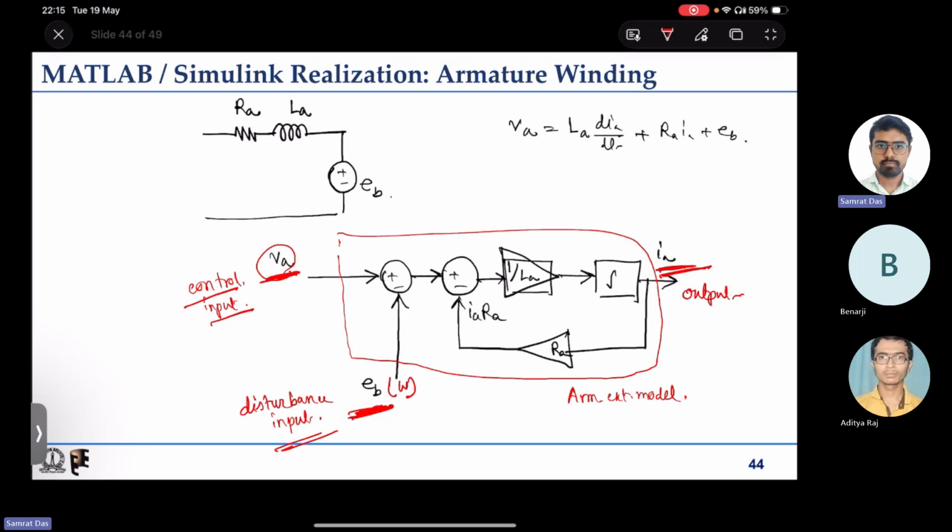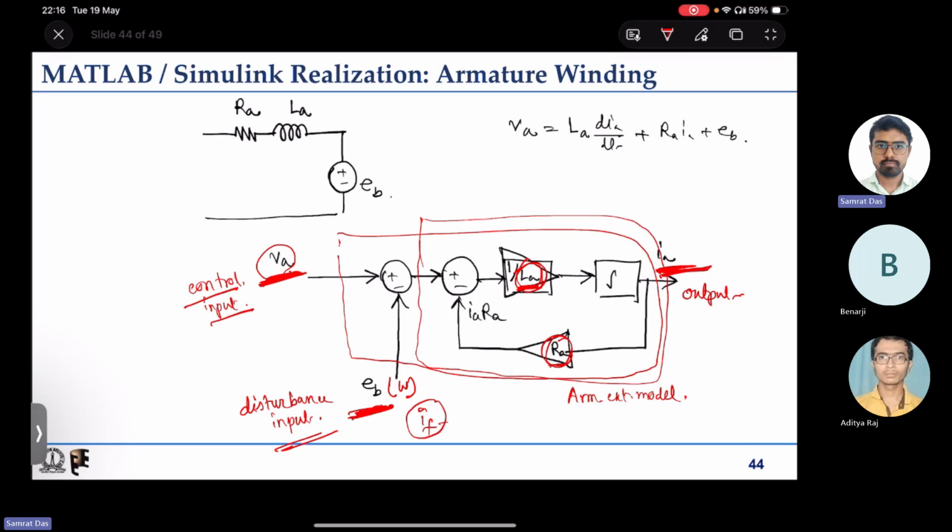So IF is not related to this dynamic loop, the armature dynamic loop, where La and Ra are the parameters. The armature voltage to armature current relation is decided by the armature winding inductance and armature winding resistance, not by field winding current, which is being solved in a separate loop.